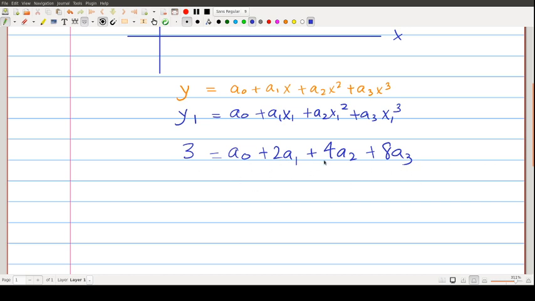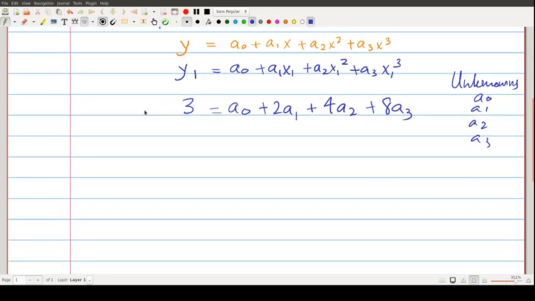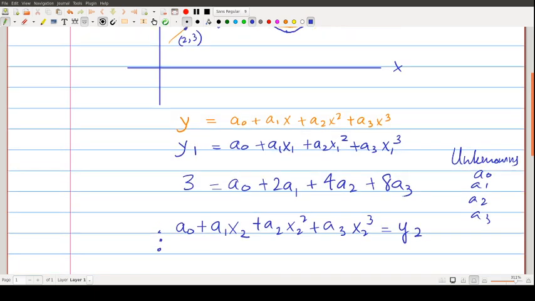So basically my unknowns are a naught, a1, a2 and a3. And this is, of course, I've just shown you one equation. There are going to be several equations of these forms. So another equation will be a naught plus a1 x2 plus a2 x2 squared plus a3 x2 cubed equals y2. And so let's say there are m data points.